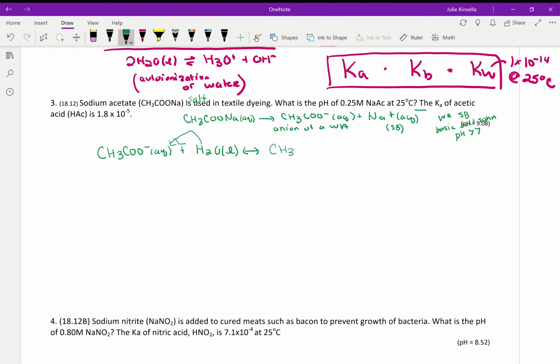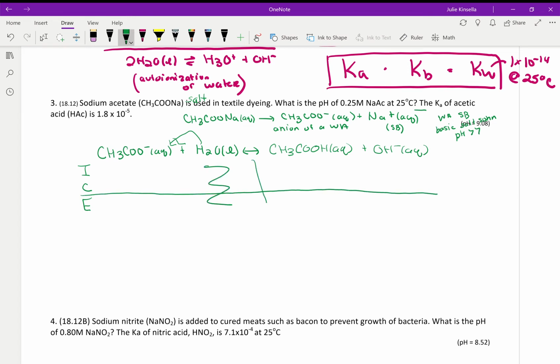So it's going to reform acetic acid and then produce hydroxide in the solution. So we can set up our ICE table. Okay, so this is basically going to look just like a weak base calculation with one extra step. So our concentration was 0.25 molar. And then just going through what we did last week, we can simplify this down to our expressions at equilibrium.